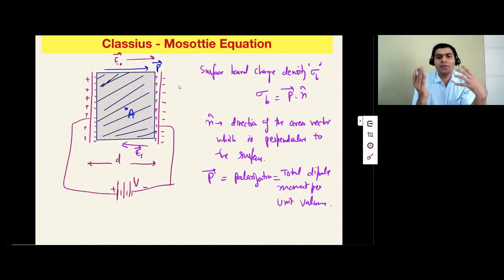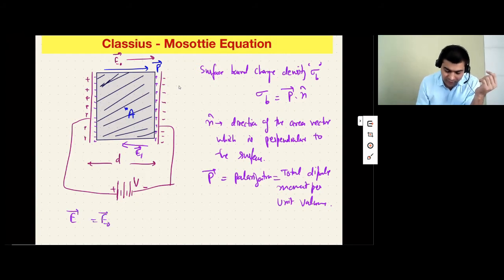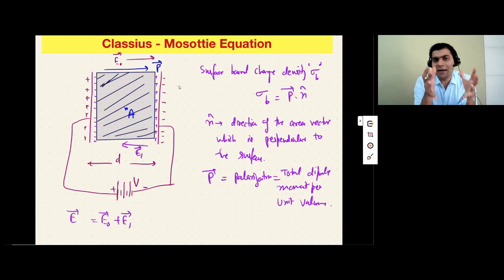On average, in the previous video, we considered the net resultant of E0 and E1. We took E as E0 plus E1, and we can safely assume that on average this is the average electric field felt by an average atom in the dielectric. But is the picture that simple?